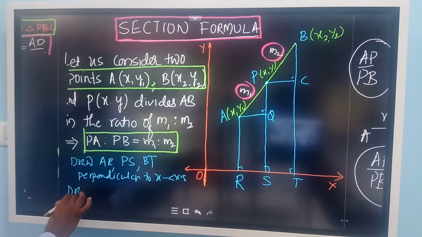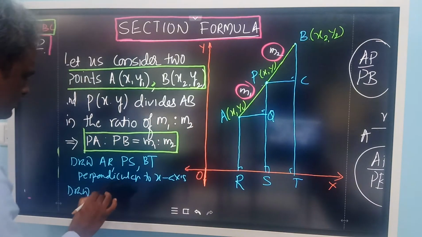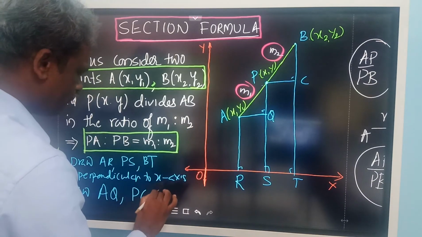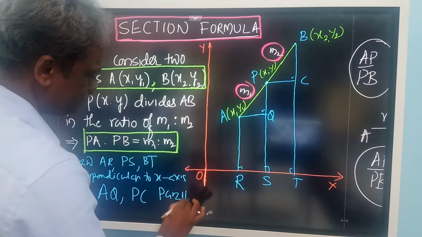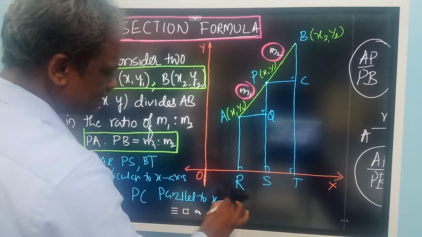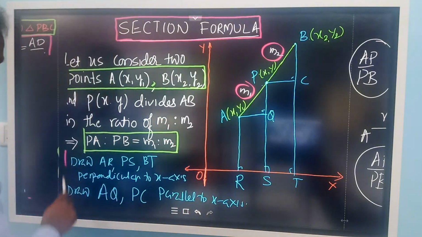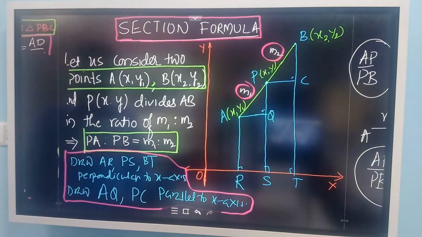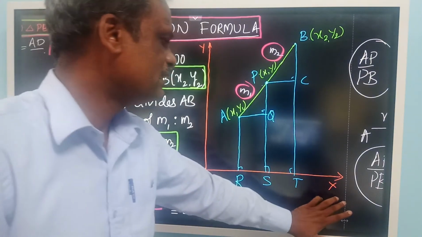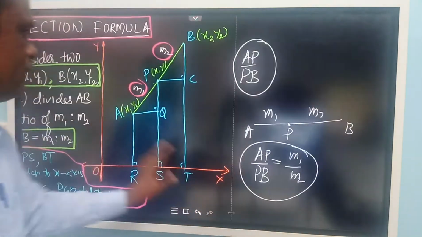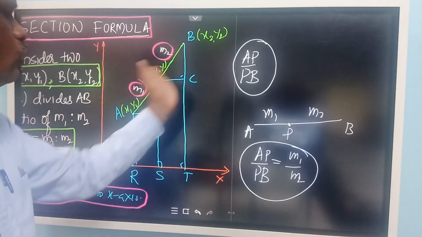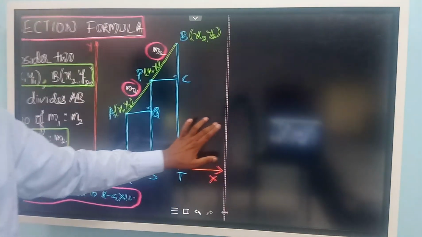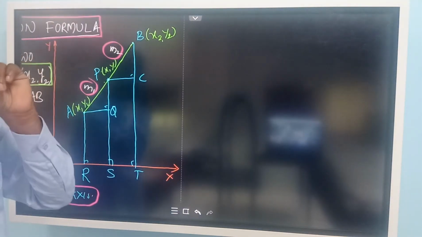Again draw AQ, BC parallel to the x-axis. So this is the construction we have done here in this case. Three perpendiculars and two parallels to the x-axis. So now let us find out the coordinates of point P.